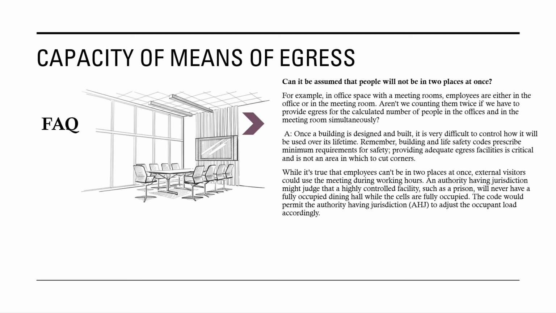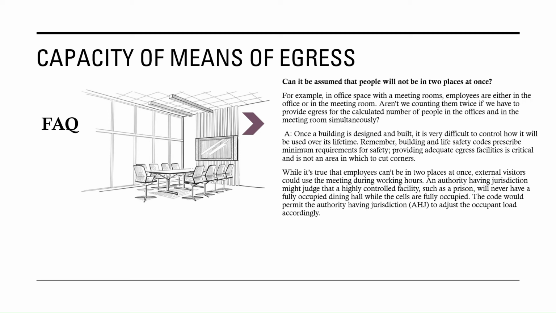There are exceptions, but only when the authority having jurisdiction agrees. Examples include highly controlled environments like prisons or secured facilities. In such cases, the authority having jurisdiction may allow adjustments using equivalency provisions. But without the authority having jurisdiction's approval, you must always assume the full occupant load.